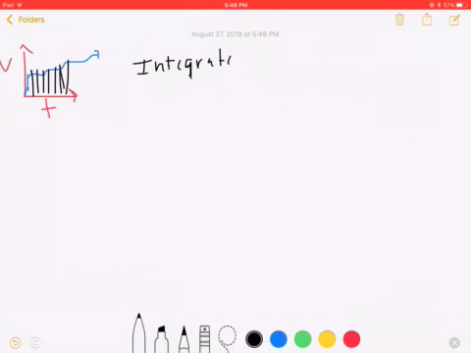We basically eliminate the spaces between those segments on the velocity versus time graph, and what we're doing in theory is finding the area under the curve.